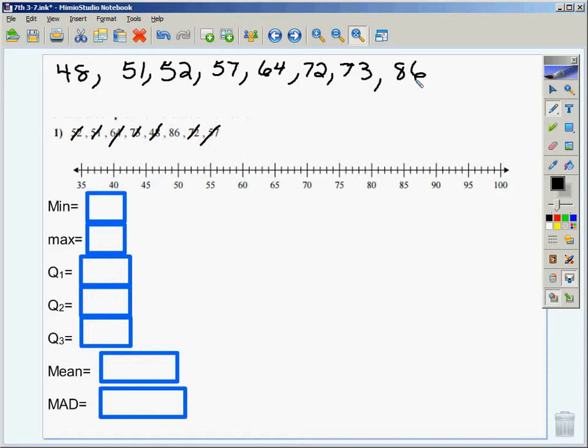Now, here's what I want you to remember. The first 2 points that we start with on our box plot are the min and the max. What is the minimum? So we're going to go 45, 46, 47, 48, and I'm going to go up to 86. By the way, I can already answer 2 of my questions here. What is the minimum?